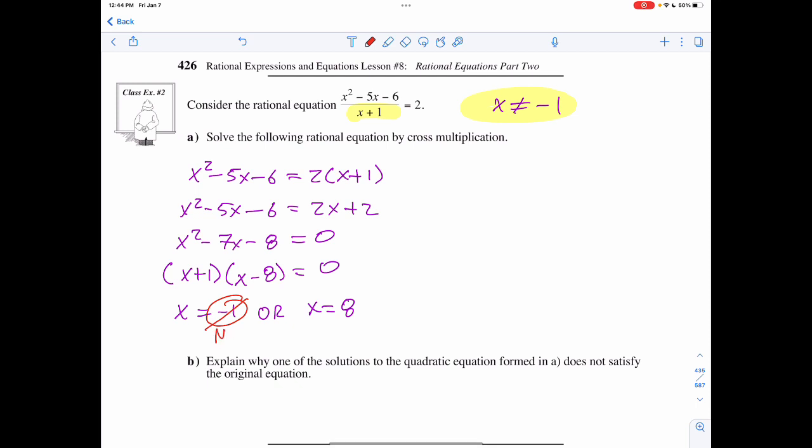It is an NPV. So the only solution is going to be that x is equal to 8.